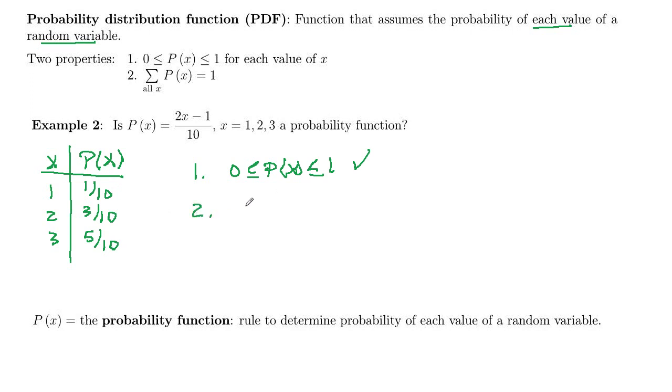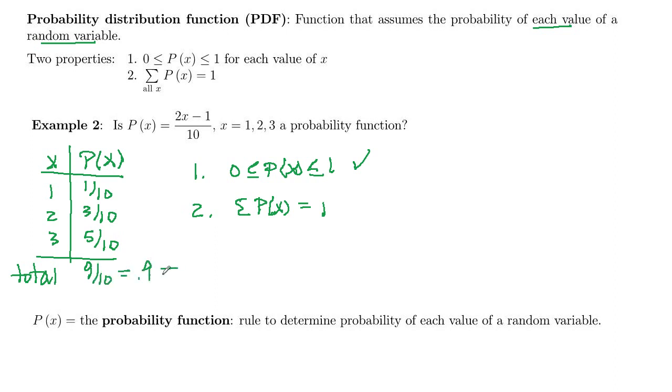And then the second condition, we've got to check, is the sum of the probabilities equal to 100%? So let's add these up here. So we total these. And you can use decimal or fraction, either's fine. So 1/10 and 3/10 is 4/10, and 5, that's 9/10, which is 0.9.